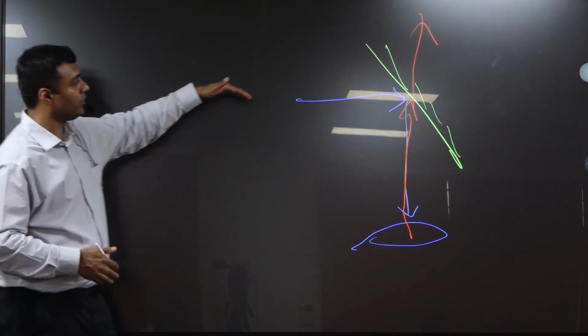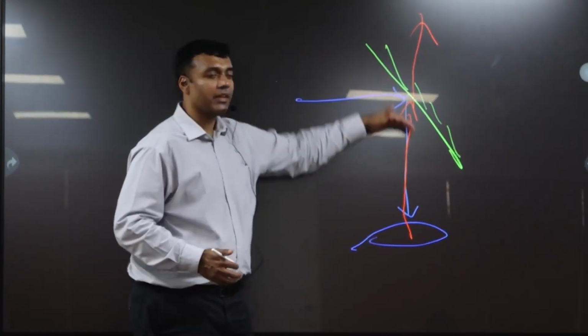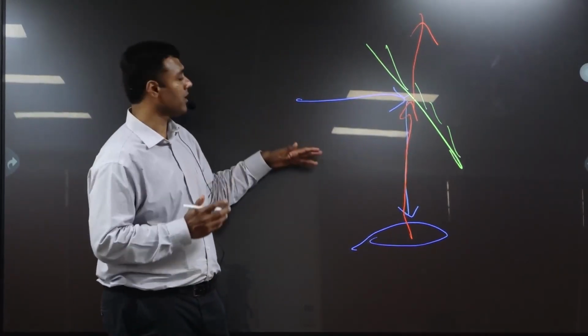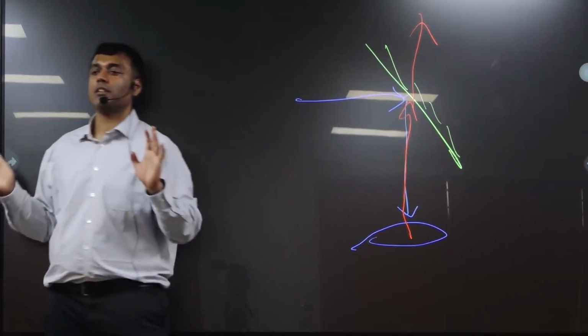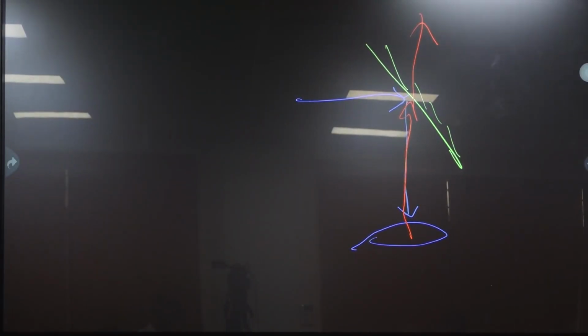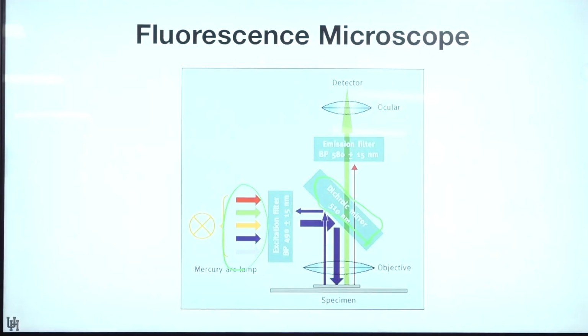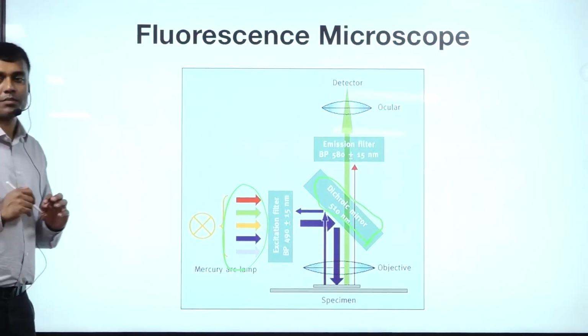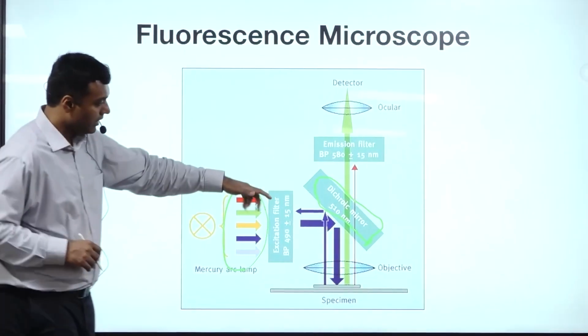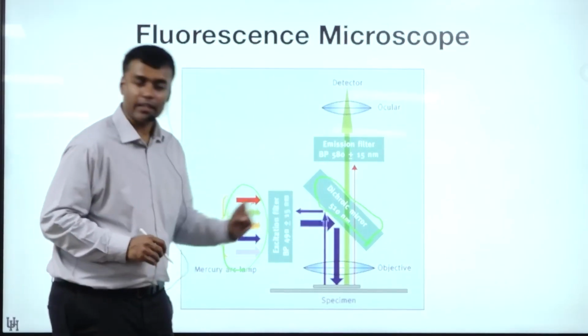So this is a reflection for one range of wavelengths and transmission for another range of wavelengths. This is called a dichroic mirror, and these are special mirrors you will have to get for fluorescence measurements. In this case, a dichroic mirror at 510 nanometers.